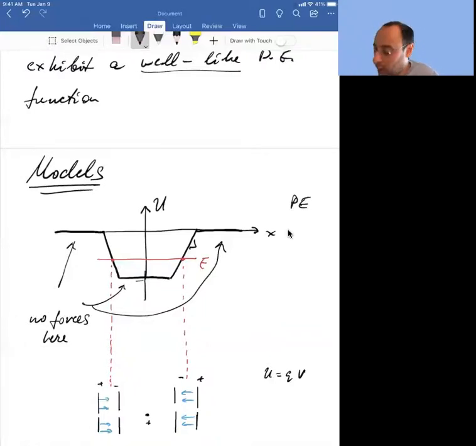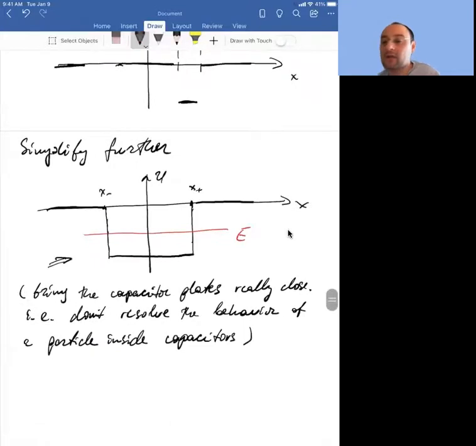Still somewhat smooth. And even less realistic, but the essence is still there. In all of these problems, the particle is shuttling back and forth. You see, we're simplifying, simplifying, simplifying, but the essence of the problem is still there.